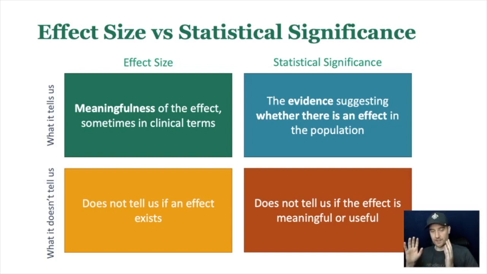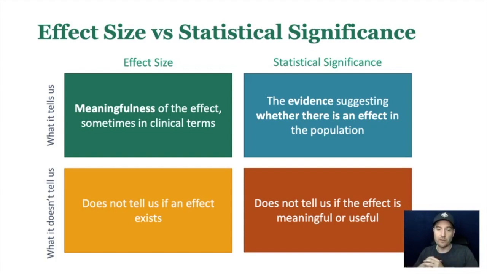Conversely, statistical significance, that is talking about the evidence suggesting whether there is an effect in the population. So the effect size is telling us, is it meaningful? Significance is telling us, do we think it exists in the population or is it just showing up in this sample?